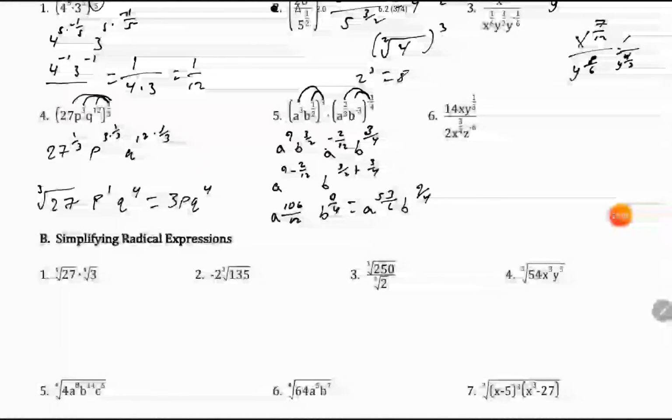Alright. Number 6. Go look at the numbers. 14 divided by 2. 7. Nice. Okay. X to the first minus 3/4. And then y to the 1/3 up top. And z is going to move up top and become positive.